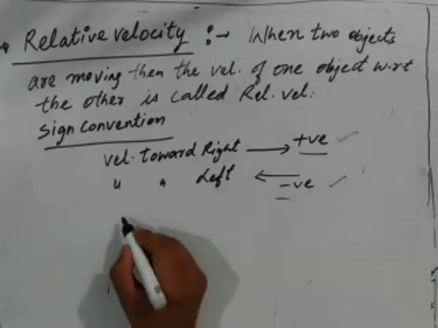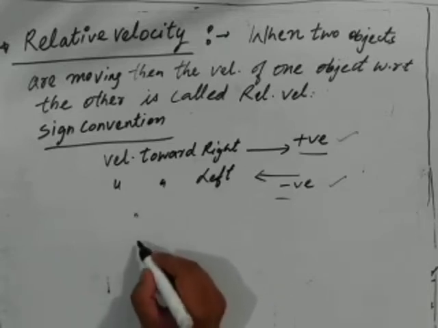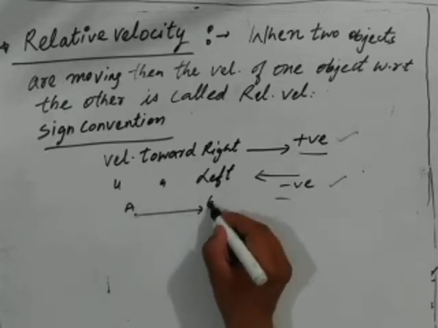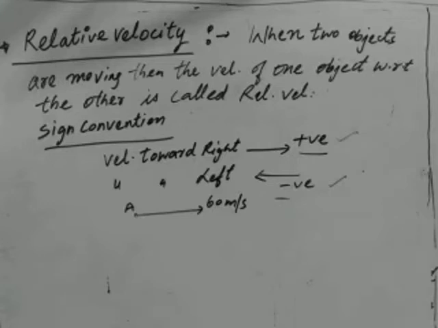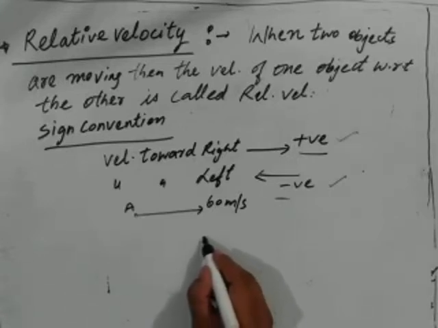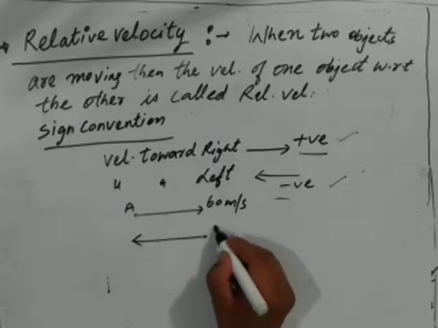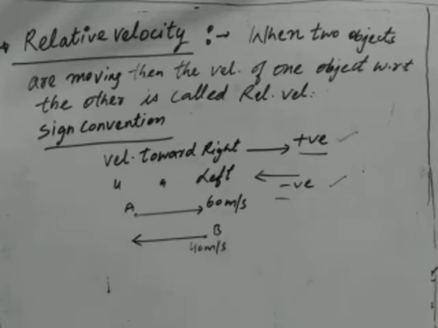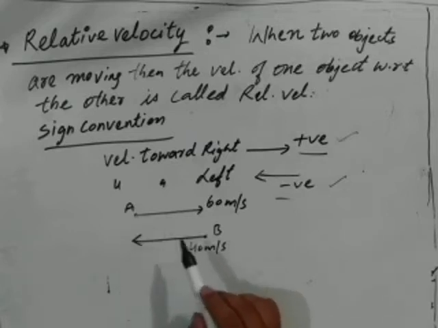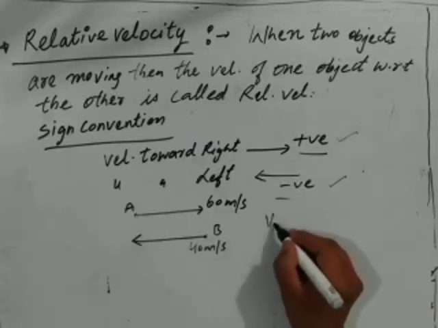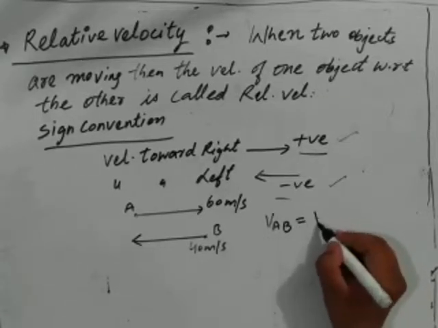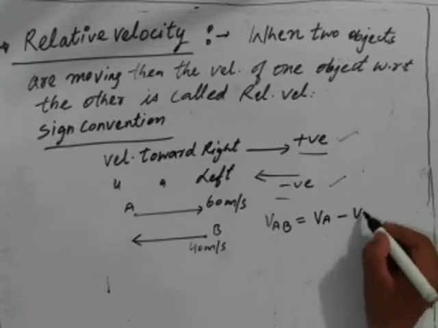Now take an example. Two objects are there. One is moving towards right with a velocity of 60 meters per second. Take another object B moving with a velocity of 40 meters per second towards left. Now we have to calculate the relative velocity of A with respect to B, that is VAB. So we know the general formula, that is represented by VA minus VB.